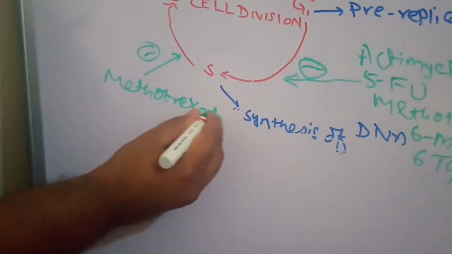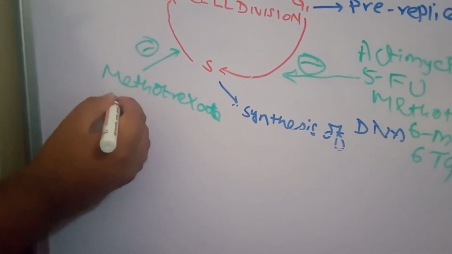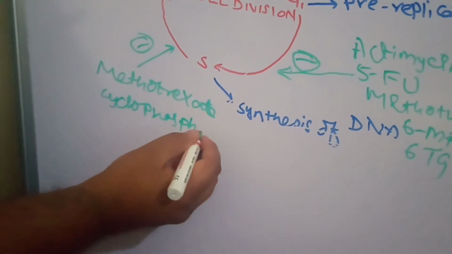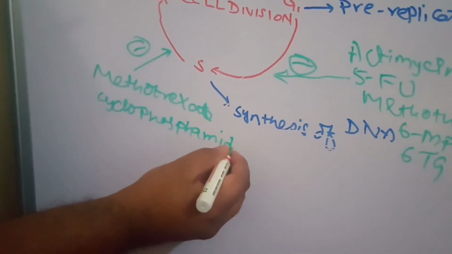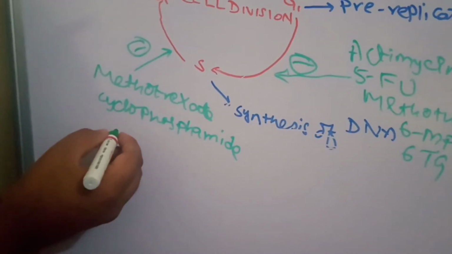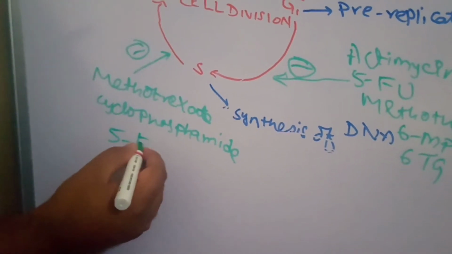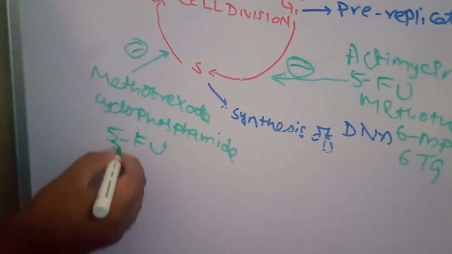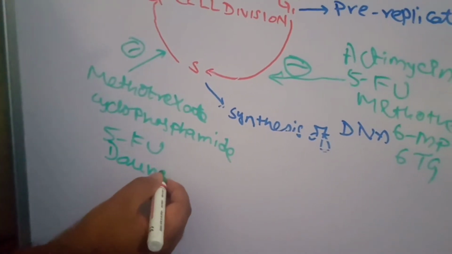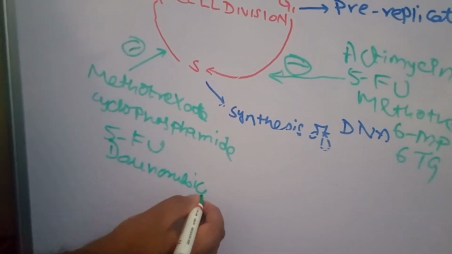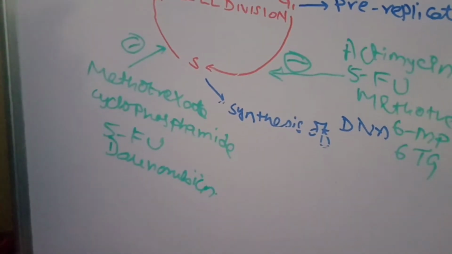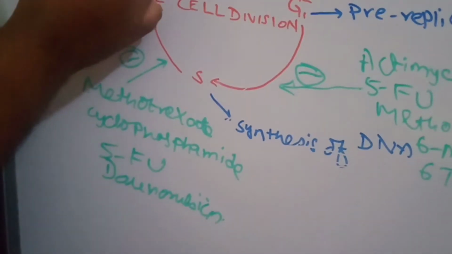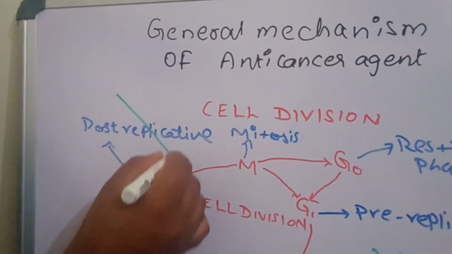Methotrexate, cyclophosphamide, an alkylating agent, 5-fluorouracil, and daunorubicin, an antibiotic, act on this phase. Now when you come to the G2 phase, what are the drugs?